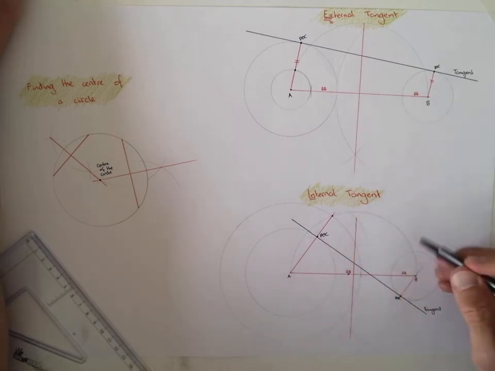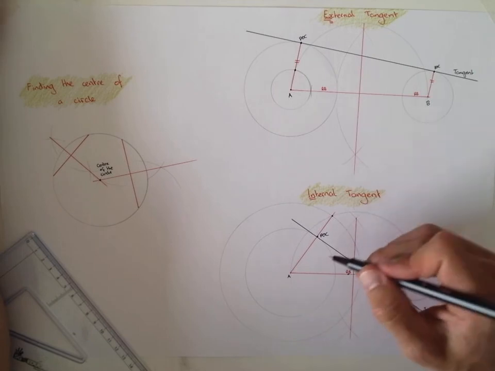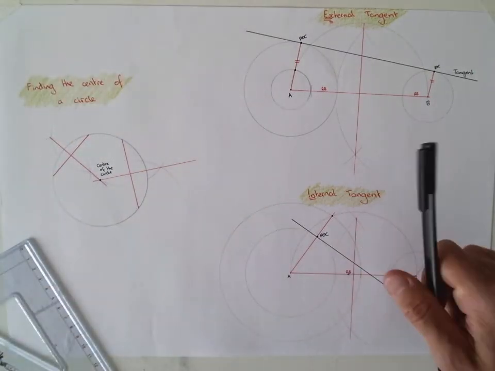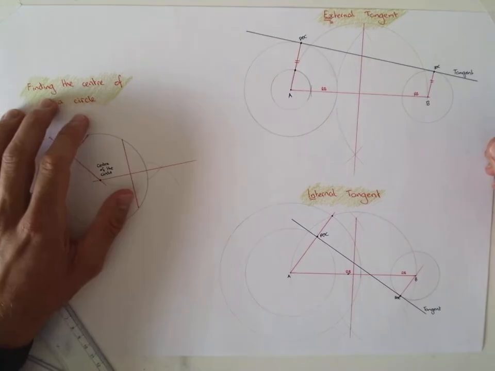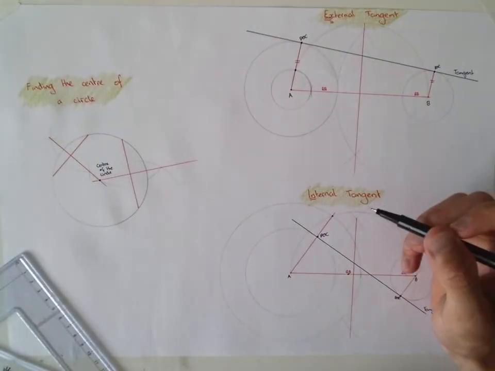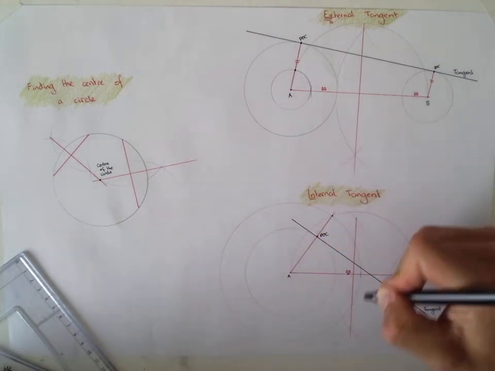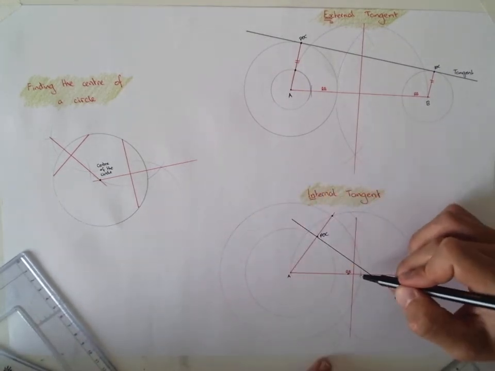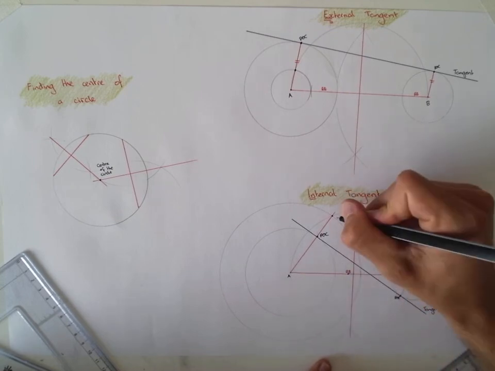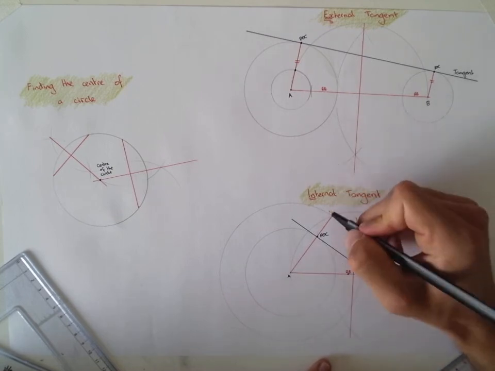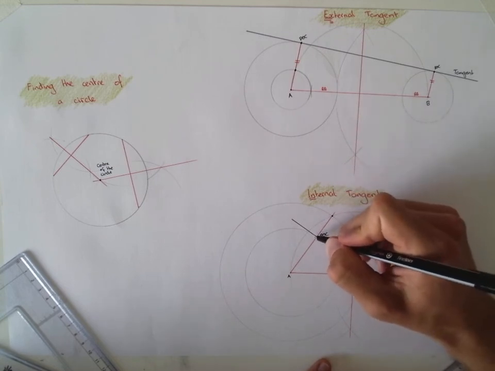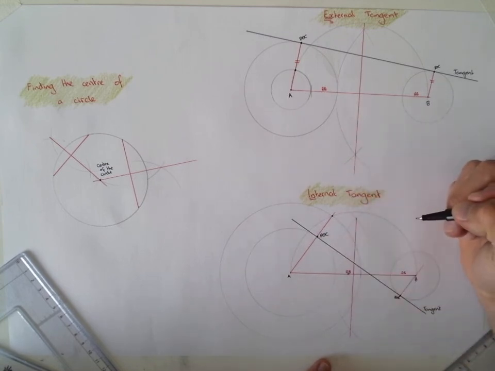When we've drawn our semicircle, you want to find your point of contact. As I was saying, where that semicircle intersects the new larger circle we've drawn by using the radius B and adding it on to circle A, that's our important point here. You join that back to our center A, where that intersects our circle A, that's our point of contact.